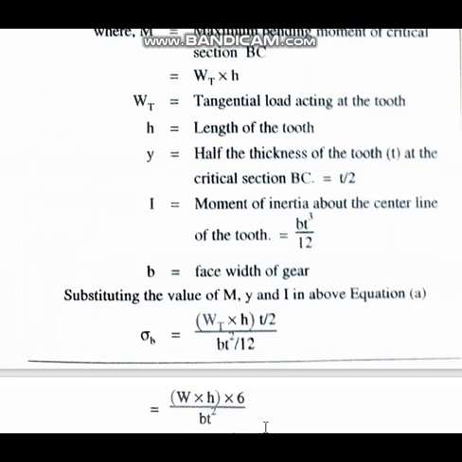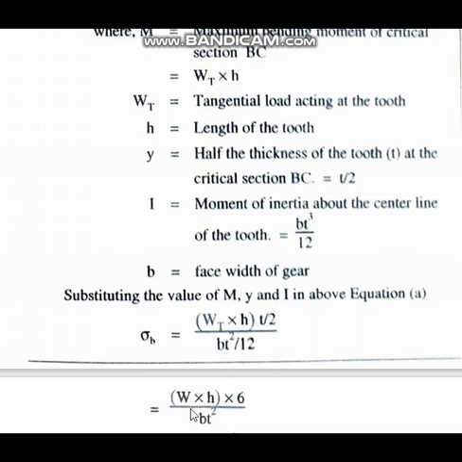I am seeing bt square here. It should be bt cube by 12, is it not? Yeah, it is bt cube by 12. Here by mistake they have put square. It should be cube.